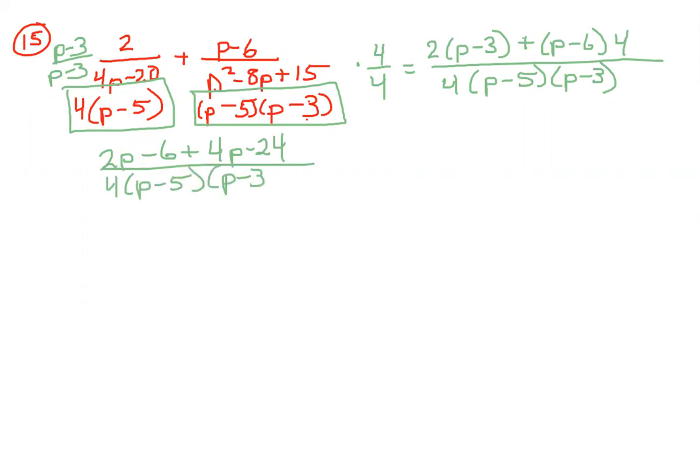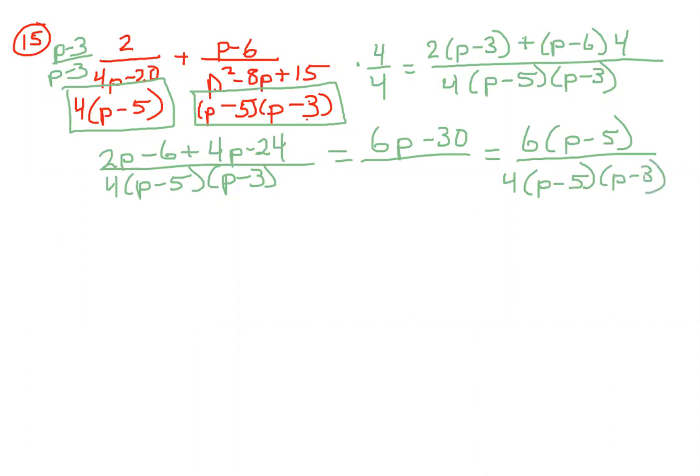And combining like terms, we get 6p minus 30 over our denominator. Let's see what we can factor. The top, we can take a 6 out. So we get 6 times (p minus 5) over this denominator that we've got.